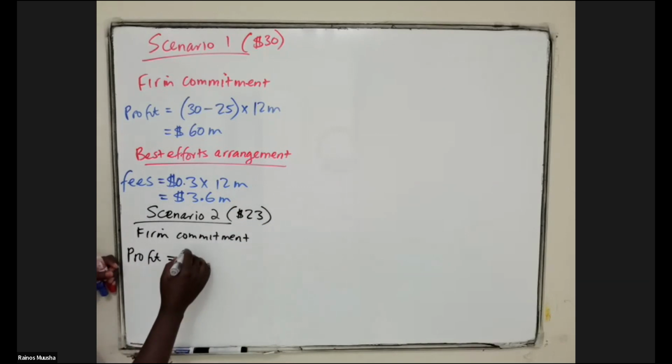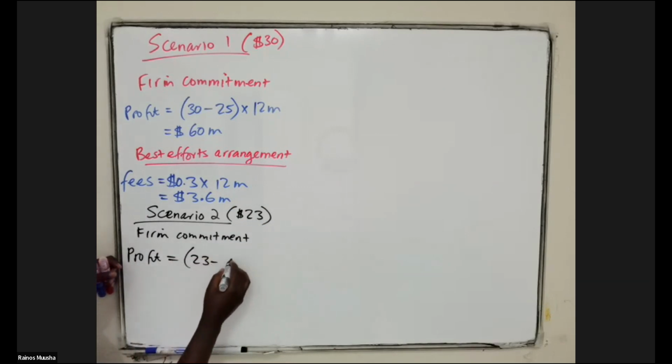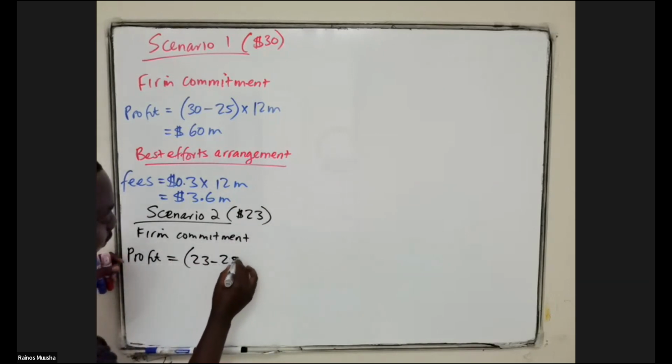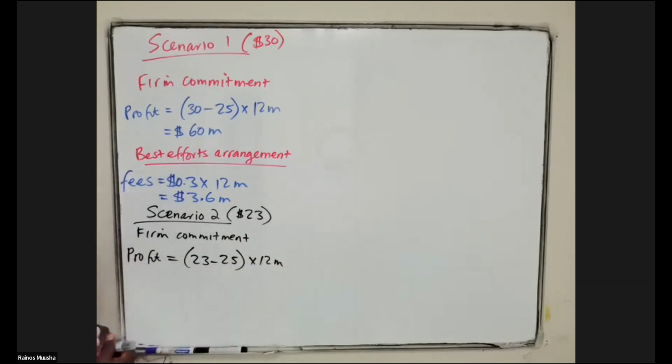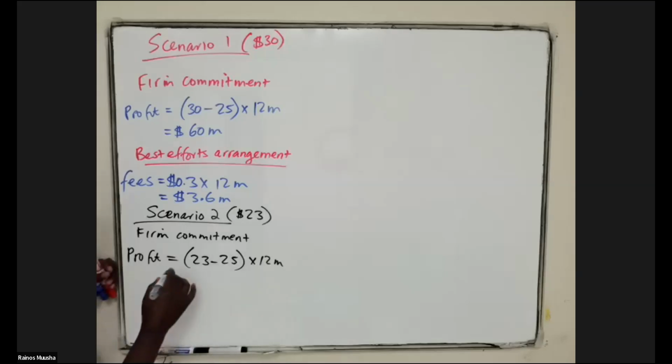So in this case, it's going to be $23 minus the price that we're buying these shares for, which is $25, times 12 million shares. And how much do we get? It's a loss of 2.4 million.